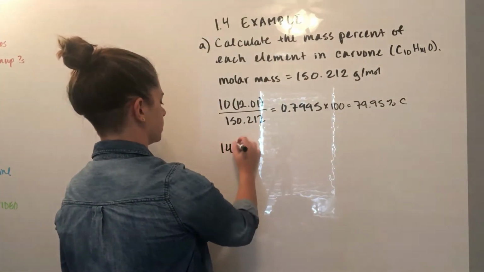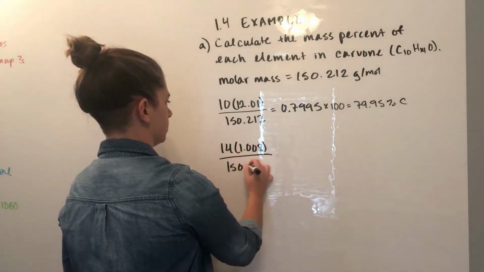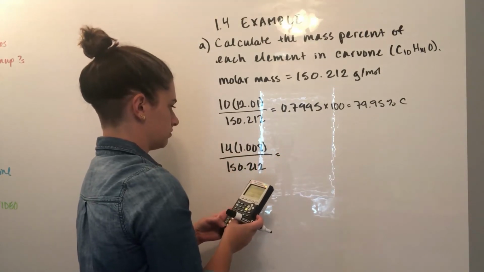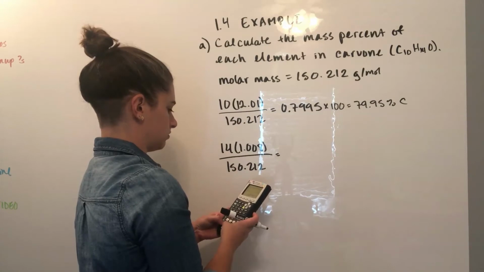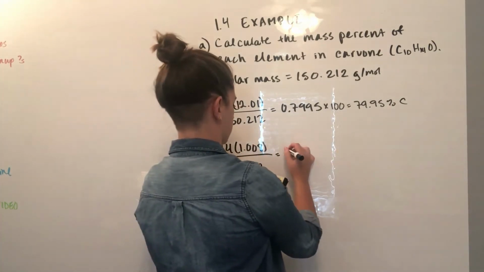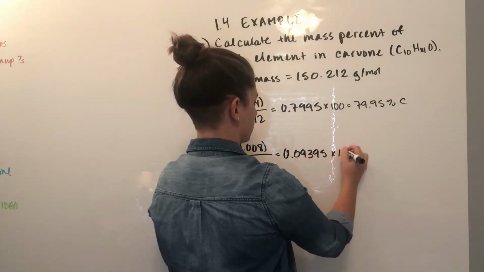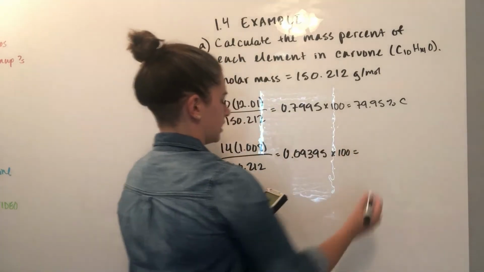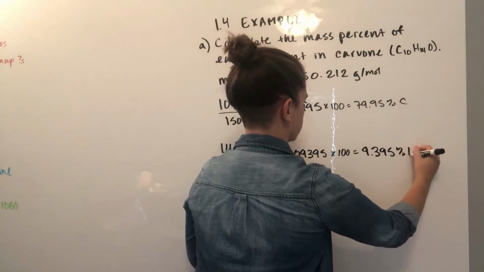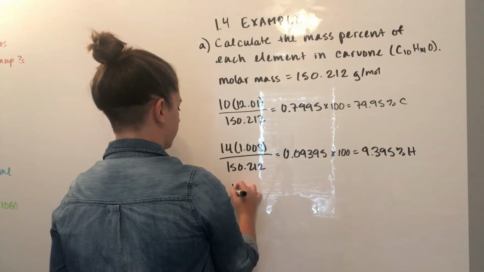Going to do the same thing for hydrogen. So 14 hydrogens, each at a mass of 1.008, divided by our total. I'm going to keep 4 significant figures again, so 0.09395 times 100 gets me 9.395% hydrogen. And then my last one, oxygen, I only have 1.